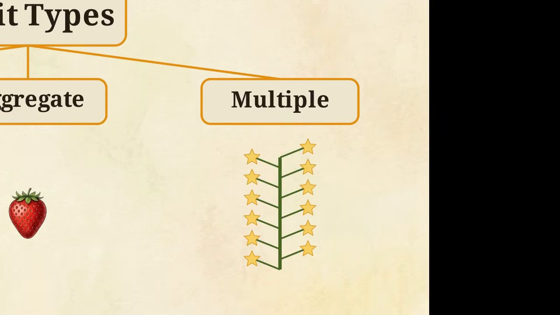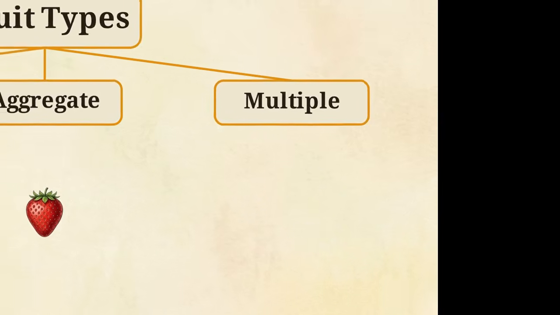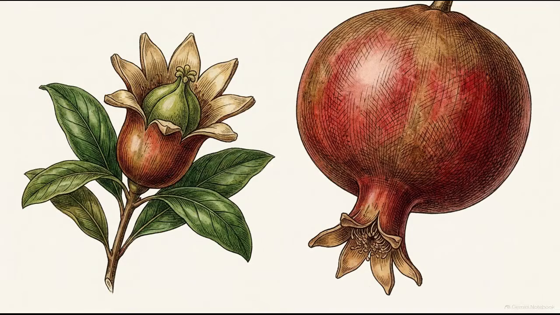They develop from an entire inflorescence. In a jackfruit, dozens of individual flowers, along with the central stalk and bracts, fuse together as they grow to create one massive compound fruit. The architecture of a mature fruit is a direct physical record of the specific floral arrangement it grew out of.